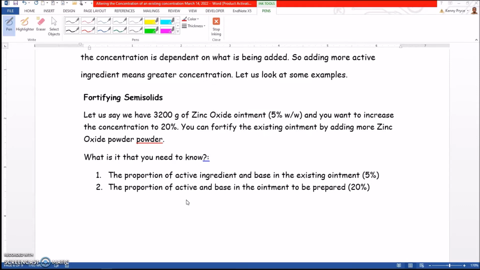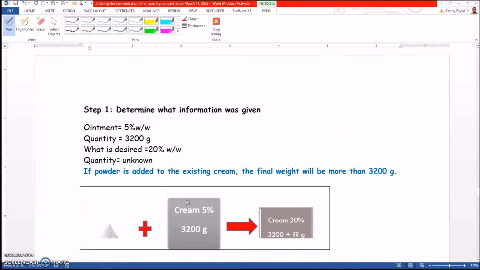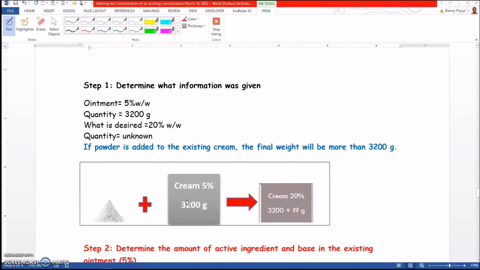So what is it that we need to know? One, we need to know the proportion of active ingredient and base in the existing ointment. That's the 5% ointment. And we also need to know the proportion of active and base in the ointment that is to be prepared. That's the 20% ointment. So the first step is to determine what information was given. We know that we have a 5% ointment, and we know we have a quantity of 3,200 grams of it.